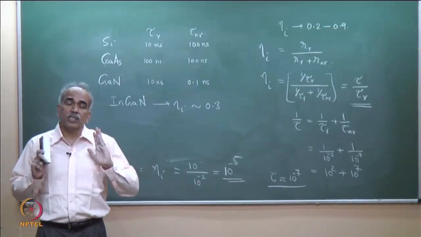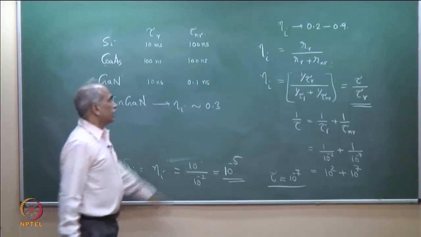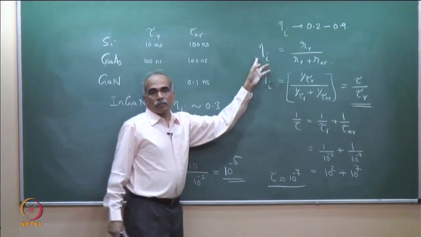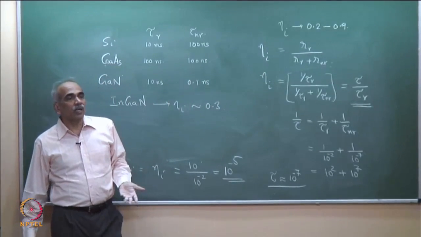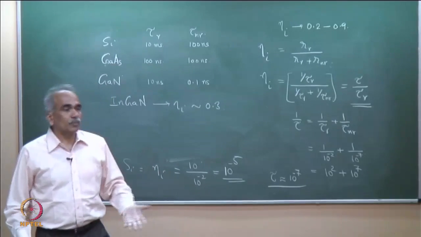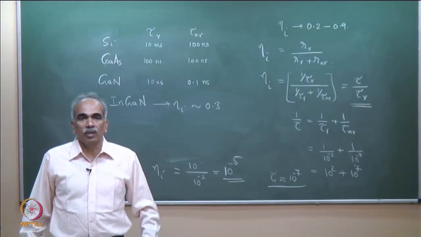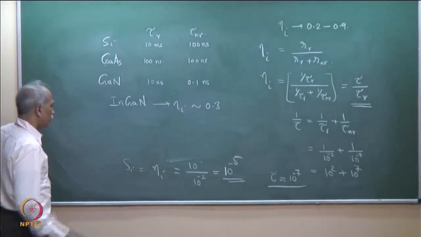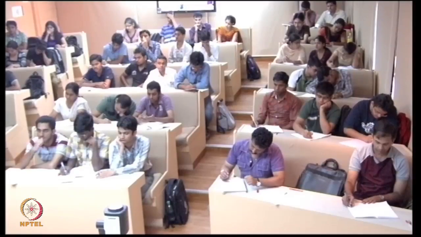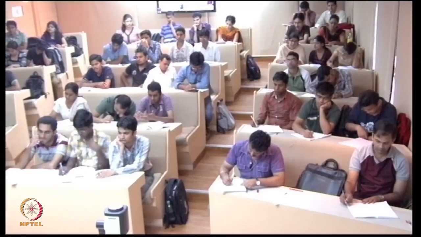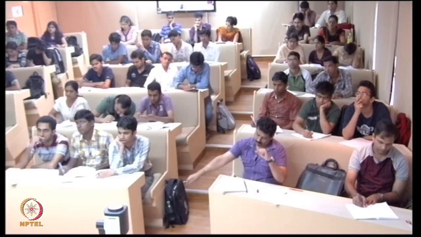Now, we are discussing in this part only about sources. Eta I, the internal quantum efficiency, should be as large as possible, so that there are more radiative transitions, more radiative recombinations, which lead to the generation of photons. Let us discuss a little bit more about injection electroluminescence.